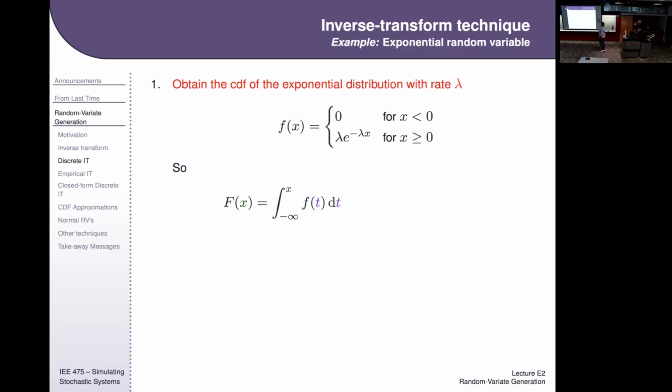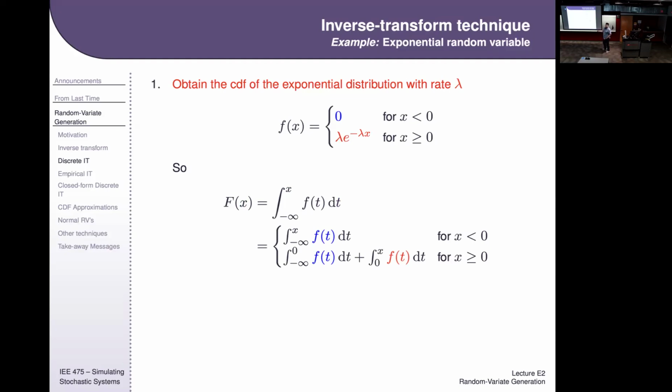This is for just a simple exponential. Here's the probability density function for an exponential. It has two pieces. It's 0 from negative infinity to 0, and it's lambda e to the minus lambda x for everything that is non-negative. So I want to integrate this, and I split it into its two parts. The first part is everything from negative infinity to x of this 0, which we'll plop in there.